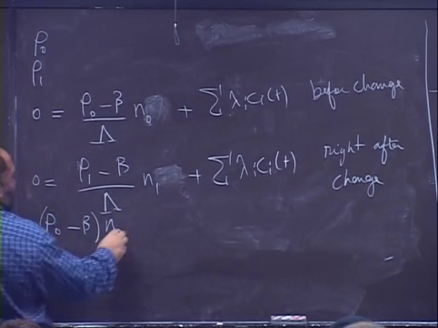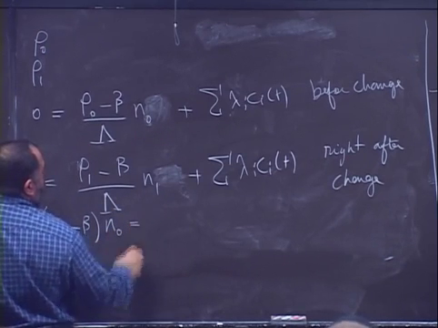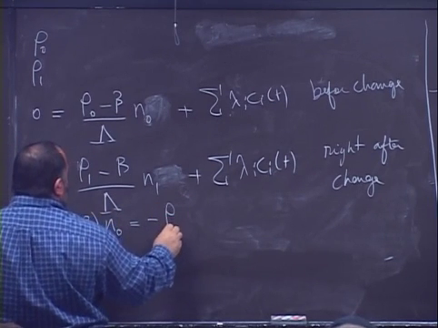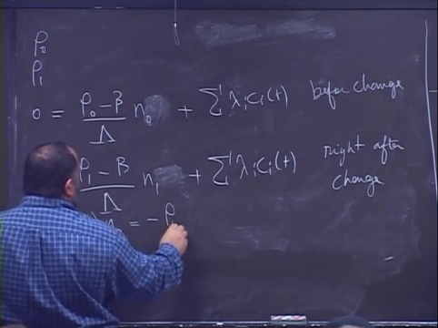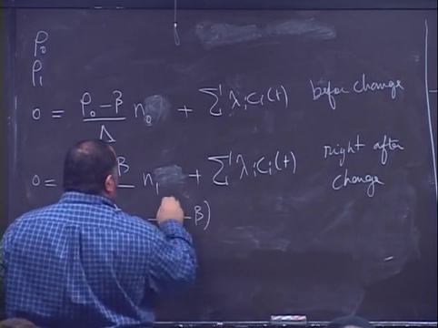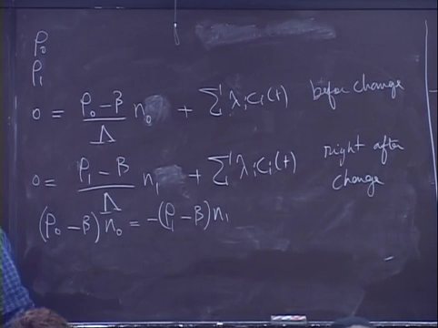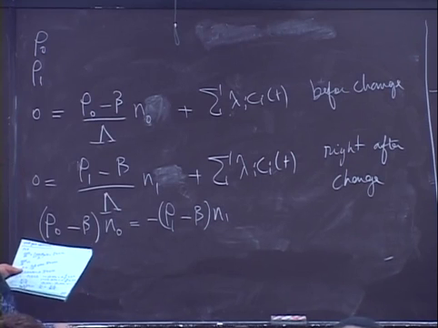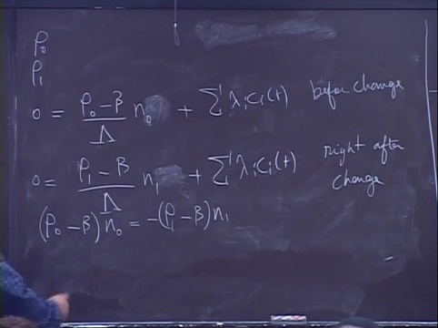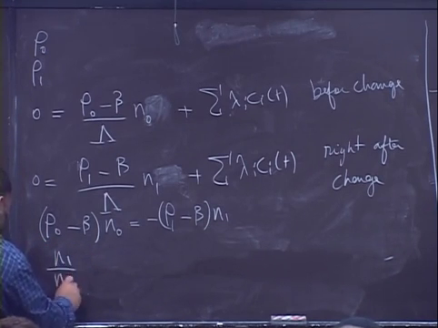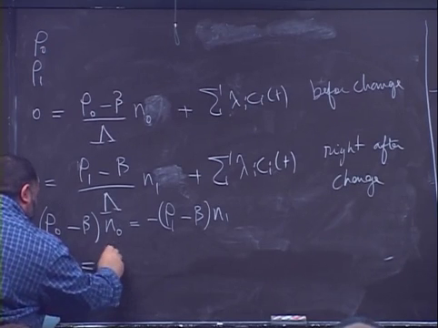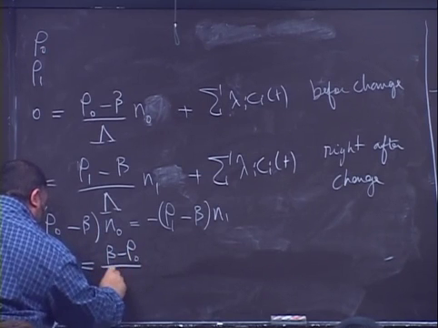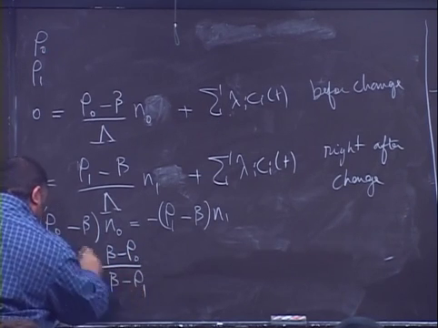So this is N1 equal to minus rho 1 minus beta multiplied by N1. So N1 over N naught will be just beta minus rho naught divided by beta minus rho 1.